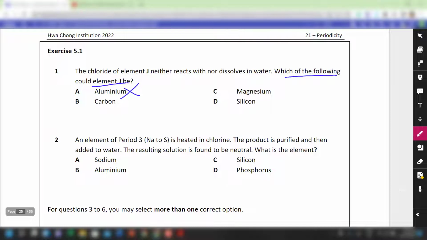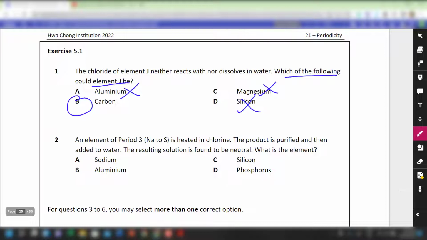Carbon tetrachloride, from our understanding, doesn't dissolve in water because it cannot form favorable hydrogen bonds with water molecules, and doesn't react with water as well, so I think the option will be okay. MgCl2 can dissolve, so cannot be MgCl2. SiCl4 will hydrolyze completely in water, so cannot be silicon tetrachloride. Okay, so yeah, the answer would be B.